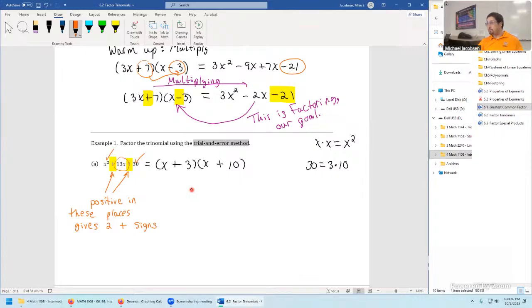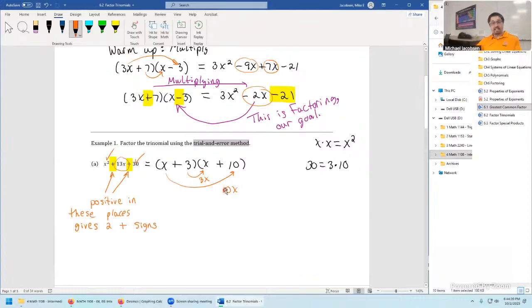But the way you get the middle term is you would multiply here to here. That'd be 10x. You multiply here to here, that'd be 3x. That's much like when we multiplied here to here, that was the negative 9x. Here to here, that was the 7x. And the negative 9x and the 7x became the negative 2x altogether.